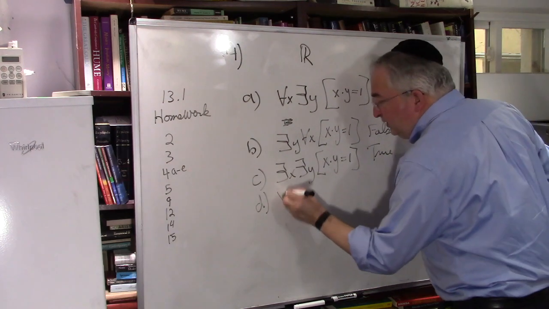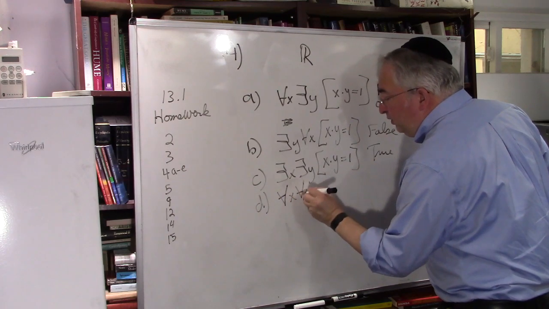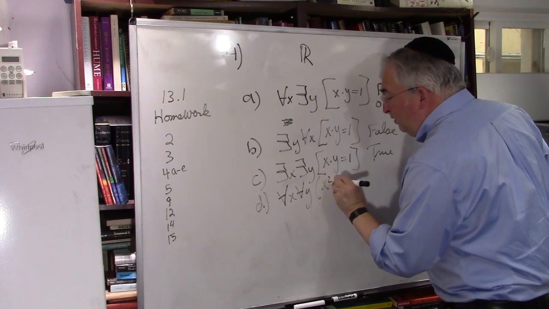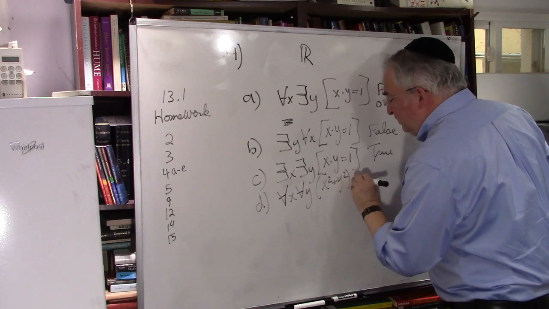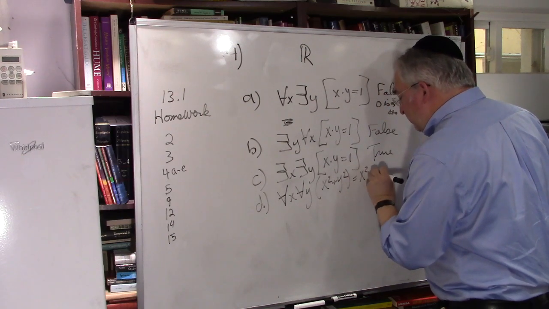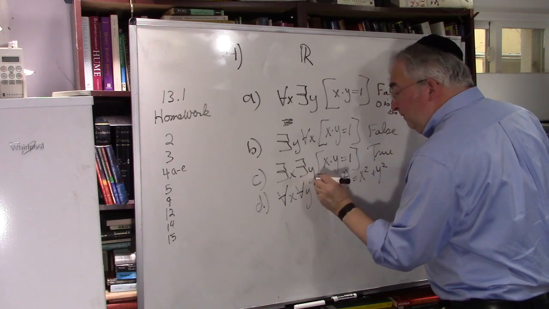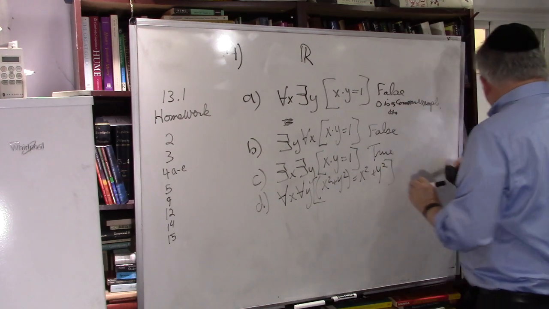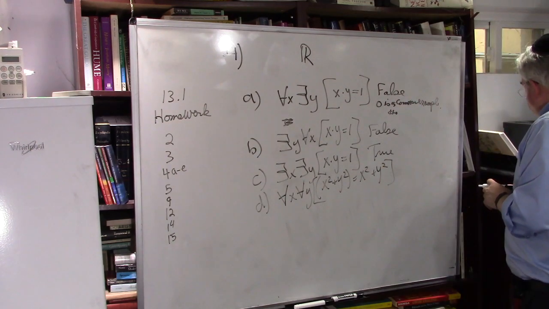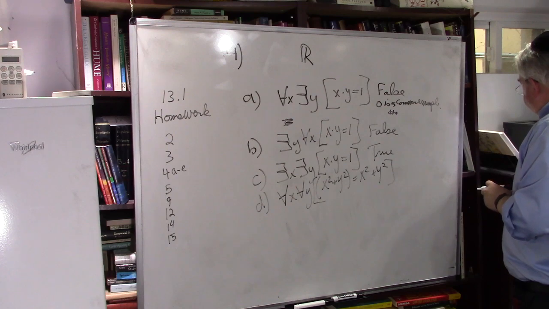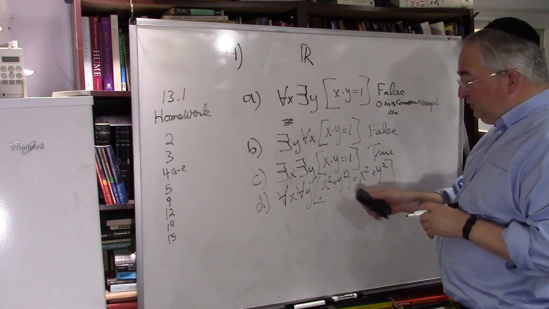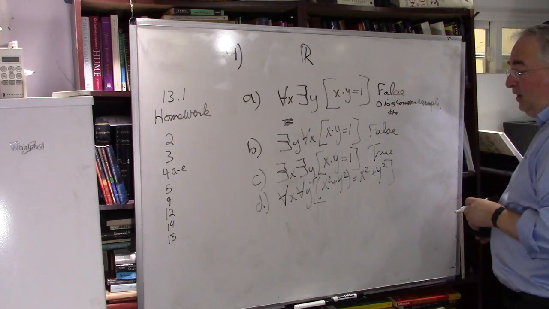Okay, actually we did D. For all x, for all y, x squared plus y squared is equal to x squared plus y squared. Okay, this is false.